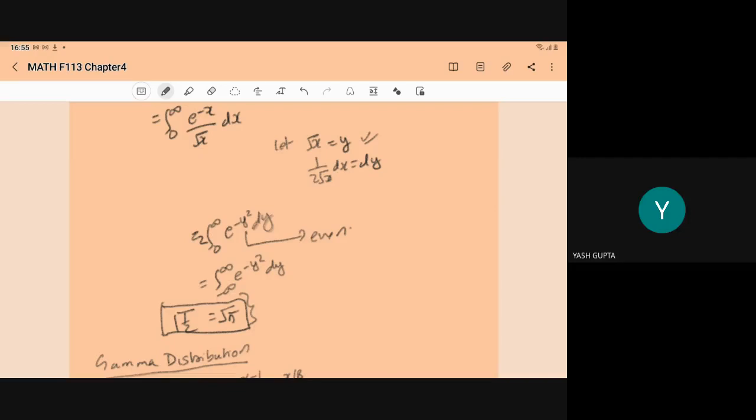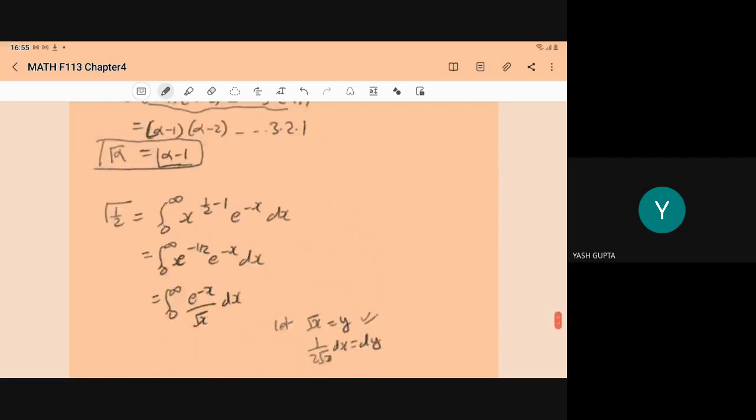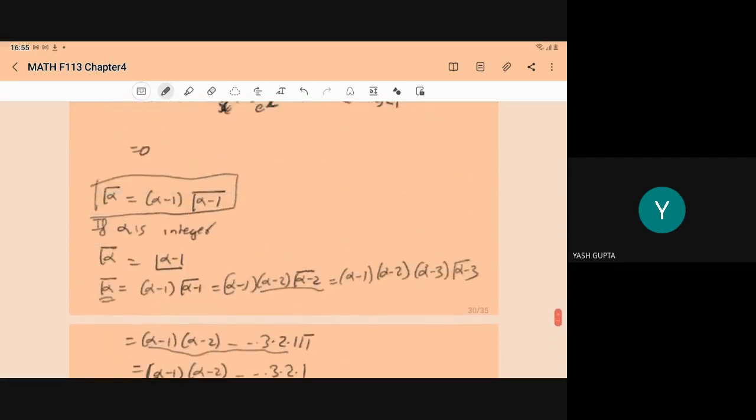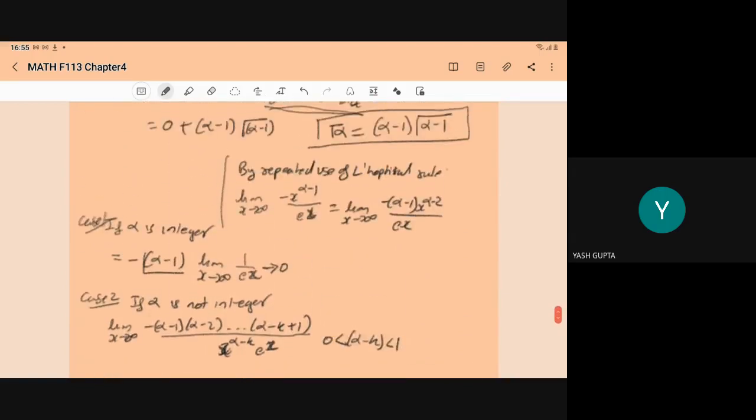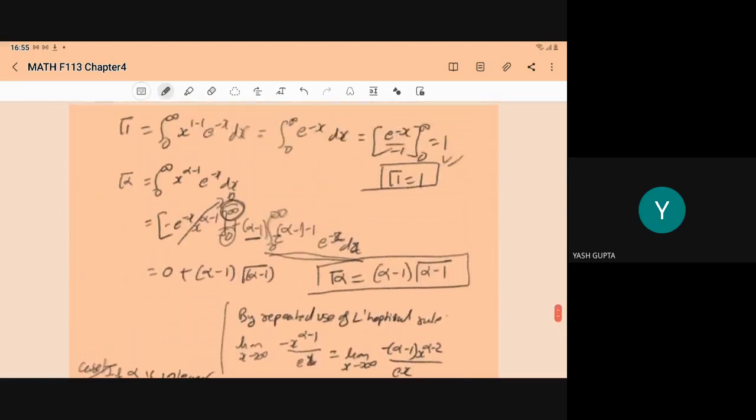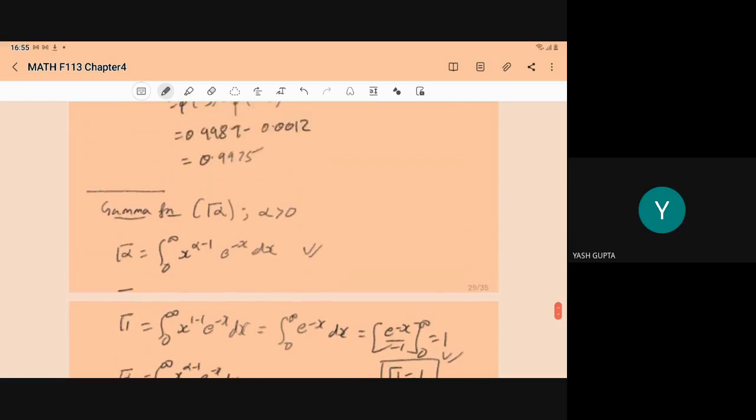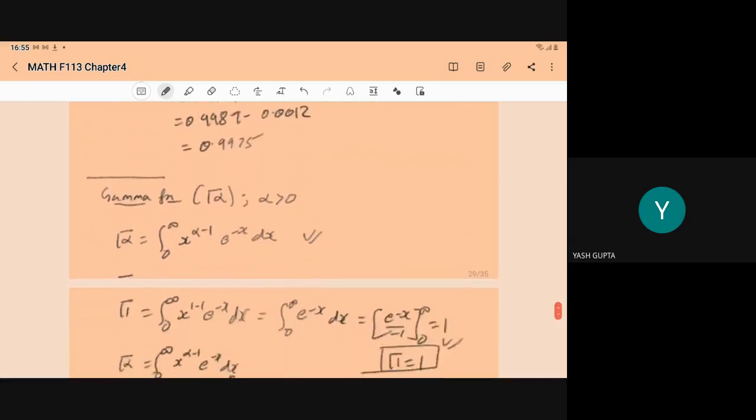Can you show the formula gamma of alpha is equal to alpha minus 1 into gamma of alpha minus 1? Derivation you are asking? Which formula?